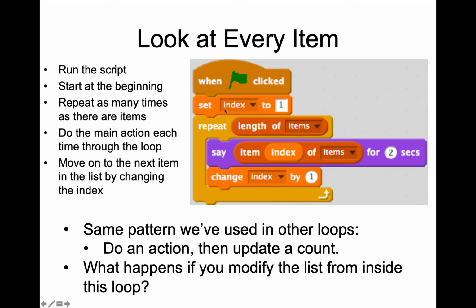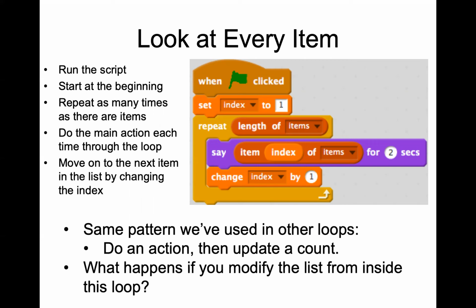Index is the variable that we set to 1 at the beginning. So on the first time through the loop, we're going to say the first thing in the list. Then we're going to change index by 1. That is to say, we're going to add 1 to index, and we're going to keep doing it. So this ends up saying, for 2 seconds each, everything that's in the list called items.